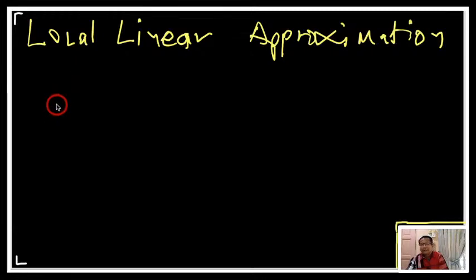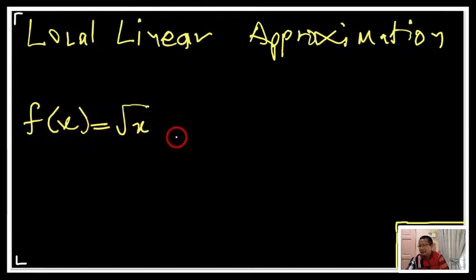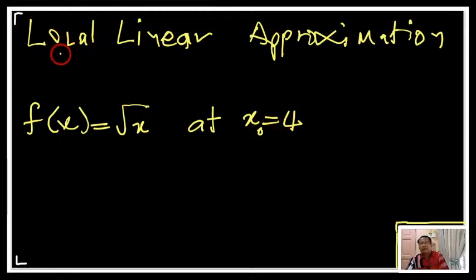For example, find the local linear approximation at x equal to 4. So what you need to do is use x not equal to 4. You have one formula. It's like y minus y1 equal to m times x minus x1, actually.